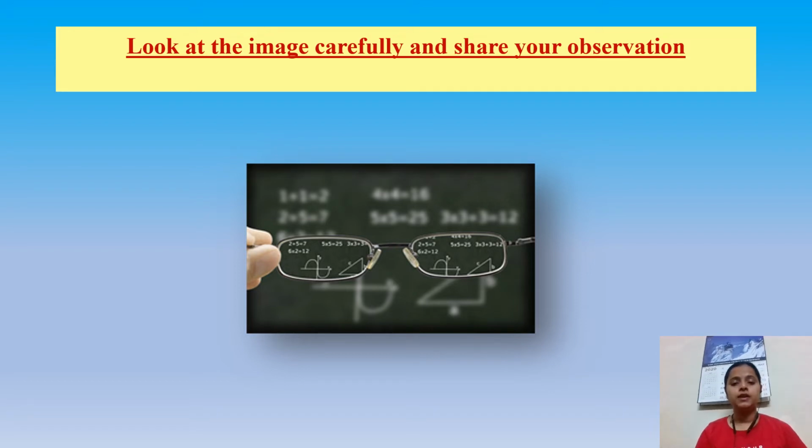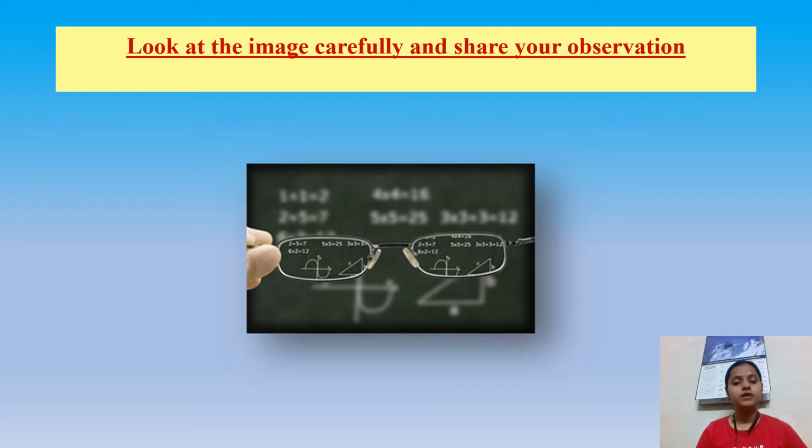So what we are seeing here is that the person looking at the board using these spectacles can see what is written on the board, but without spectacles what is written and drawn on the board is not visible clearly, it's blurry.